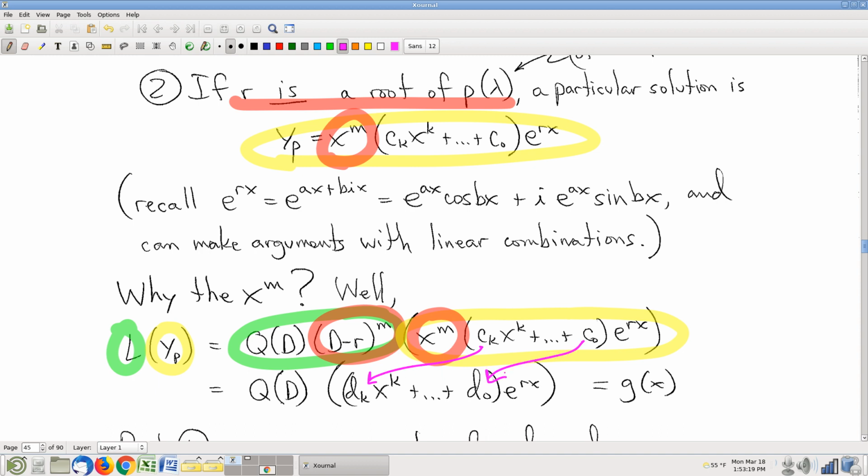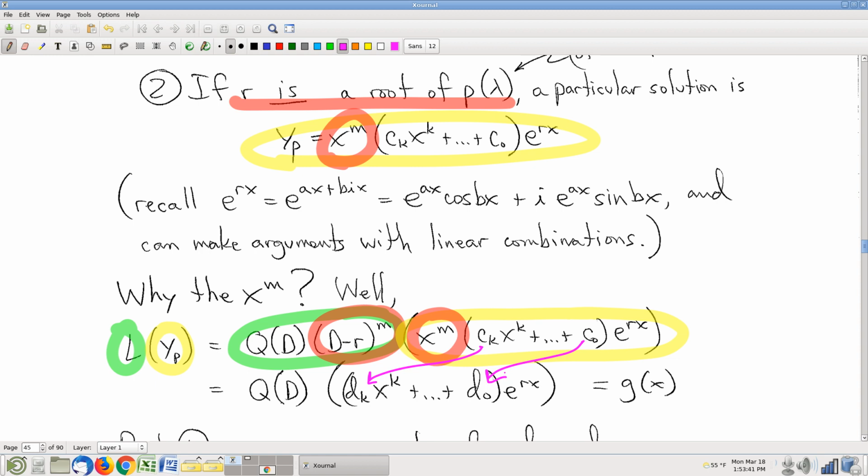So these c constants in here are not the same as these d constants, but they're extra factors of a few scalar numbers. And so the punchline is these factors of x kill these D minus R's to result in this algebra down here.